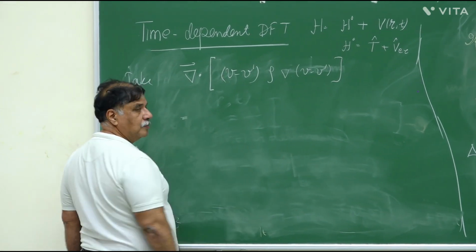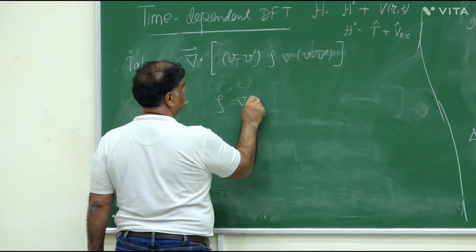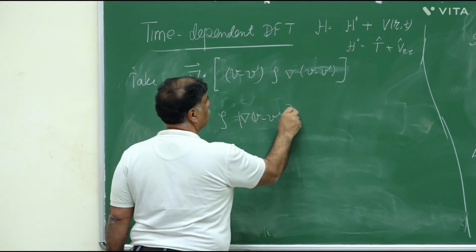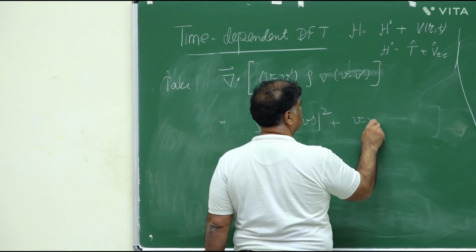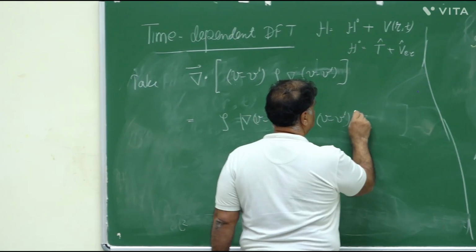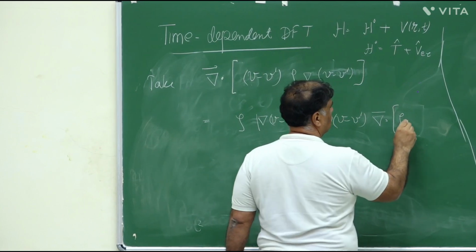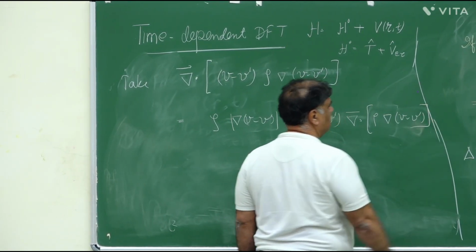This is equal to ρ mod grad of (V minus V prime) squared, plus (V minus V prime) times divergence of ρ grad of (V minus V prime).